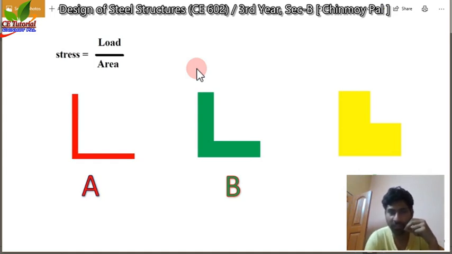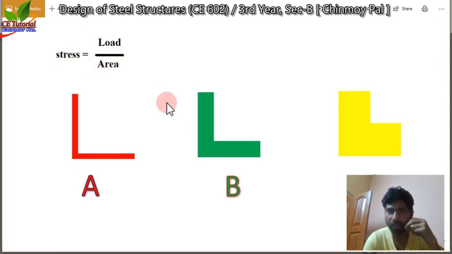if we select randomly any section, one can choose figure A, another man can choose figure B, another man can choose figure C. Now what will happen if we choose figure A? Area is very low. So according to the formula, if area is low, then stress will be high.